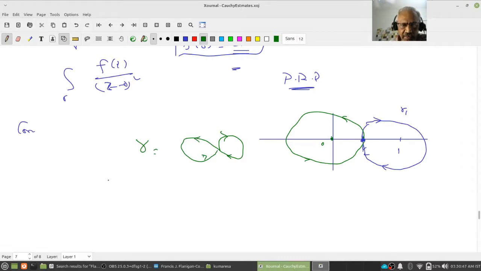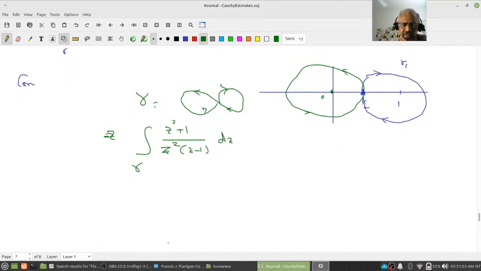And what is my function? The path integral over gamma of z squared plus 1 by z squared into z minus 1 dz. Now you can see it's not directly of the form, but there is something very interesting happening.